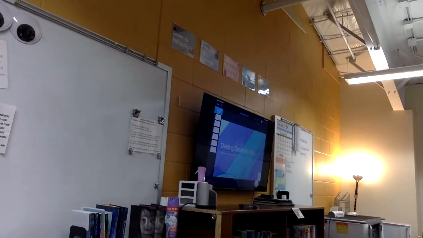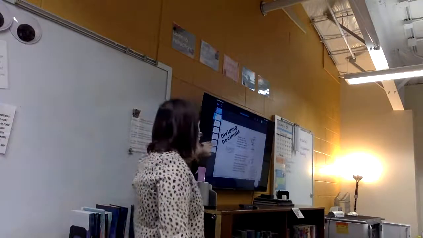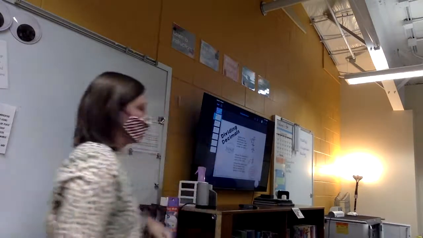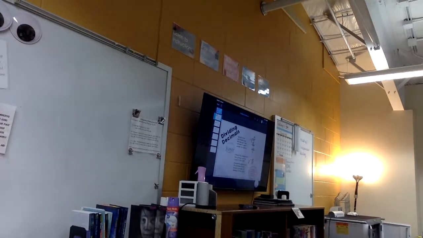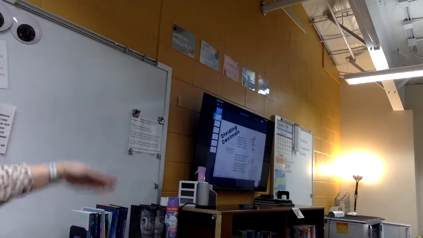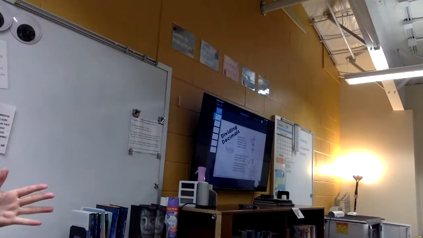So we're going to start here. I want you to look at that bottom part first. Ignore the top part for a second. It says, to begin with, if you are dividing by a decimal, so the number on the outside of your house is a decimal, you have to move that decimal first.